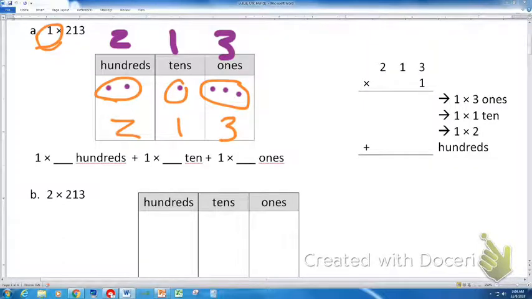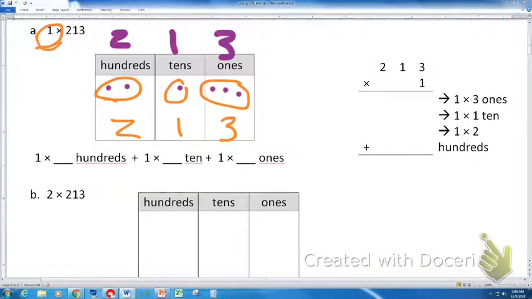But if we look over here, we can see that it's broken down. We have 3 ones, okay? So that's our dots. 3 ones. We have 1 ten, okay? Then we have 2 hundreds. Then we're using our times 1, so we're multiplying each number by 1.